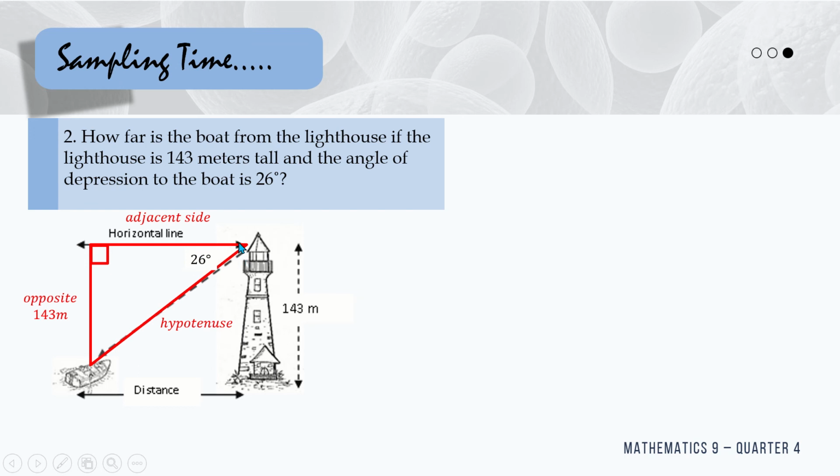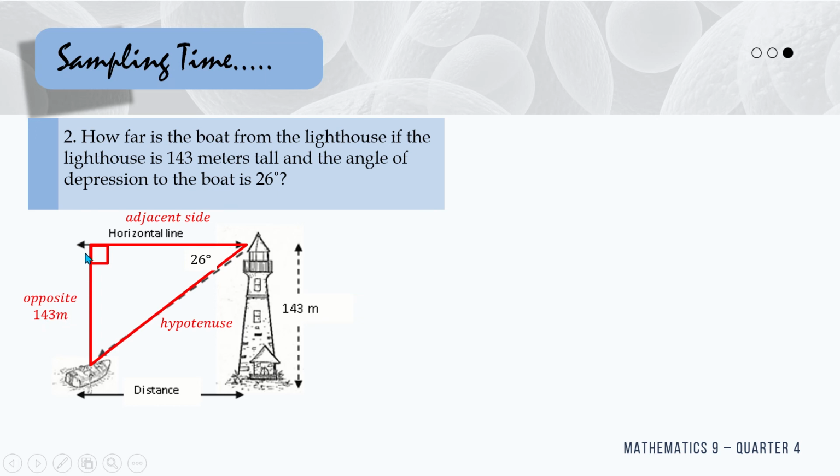The horizontal line is the adjacent side to the reference angle, 26 degrees. The side opposite the reference angle, 26 degrees, is the opposite side, the standing side, which is 143 meters. How do you know it is 143 meters, sir?